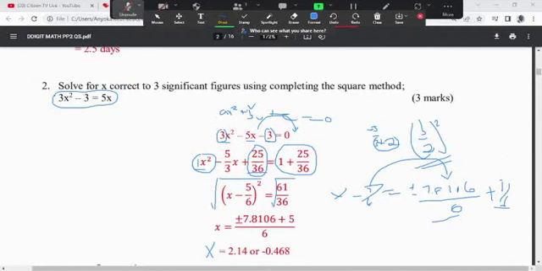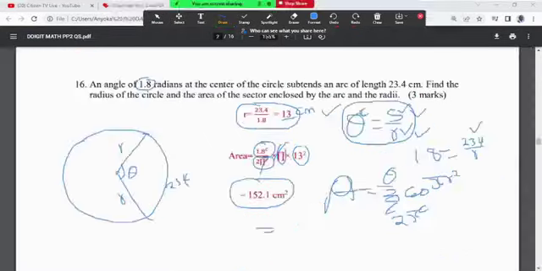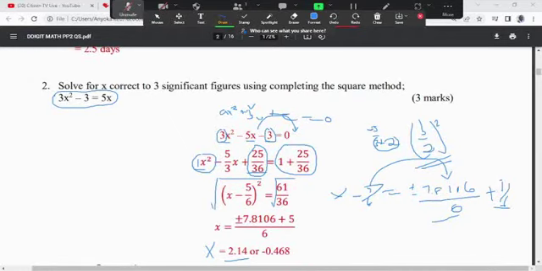We take 7.8106 as a positive. We add, we get 12.81. Then divided by 6, we get 2 points. Another instance, we take this one as a negative. We add, we get negative 5.8.